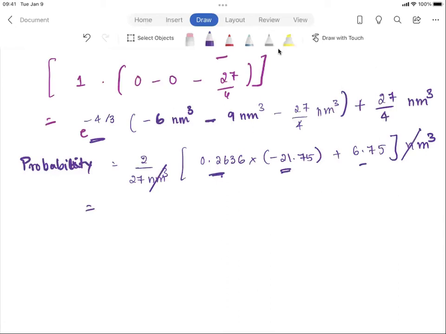So if we were to simplify this, we will have 0.074074 times 21.75 times 0.2636. It's going to be this, right? So minus, it's a negative sign.